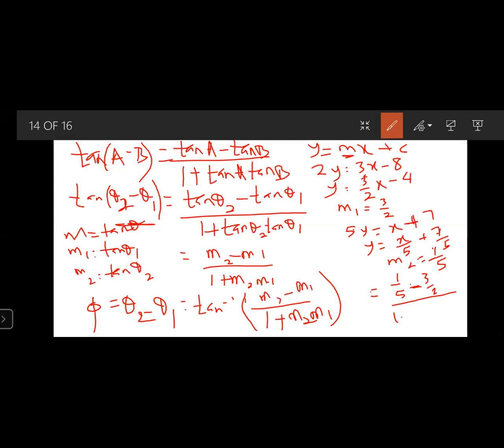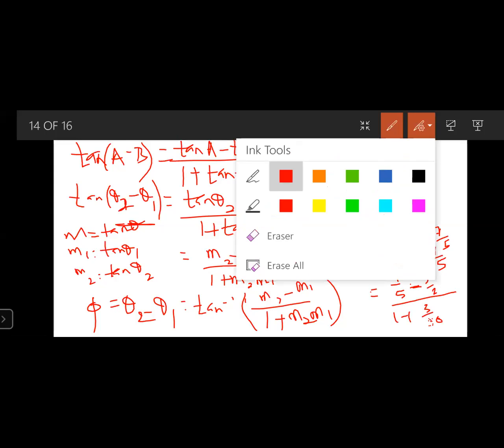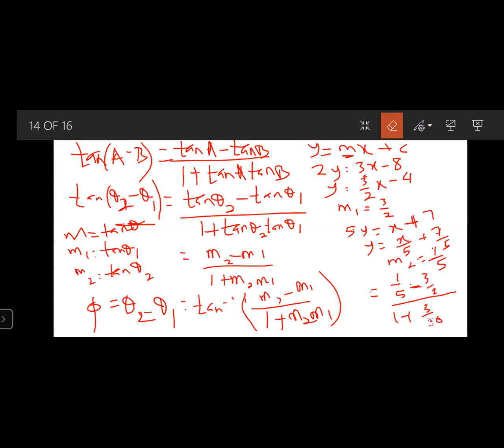So what will it give us? If you do this, that's 2 minus 15 over 10, that's minus 13 over 10. Minus 13 over 10, let me see what I can use here.